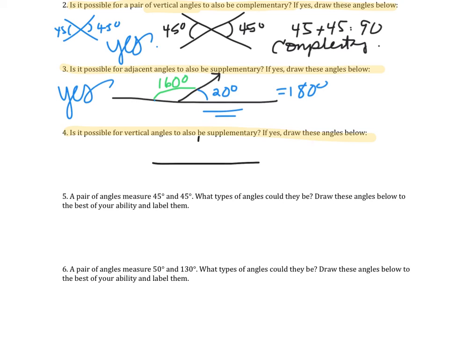If this here was 90 degrees, then this here would also be 90 degrees, and 90 plus 90 would be 180, so they would be supplementary.